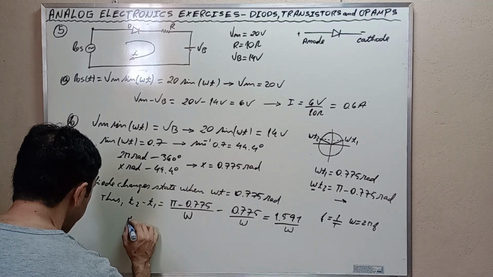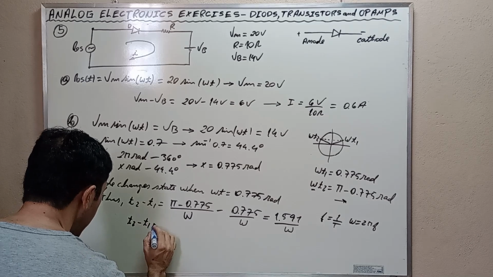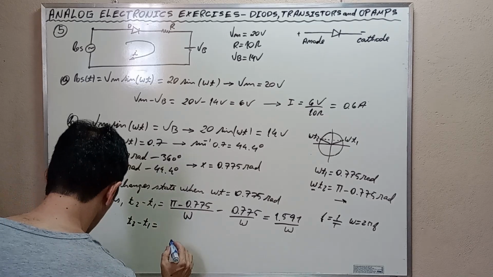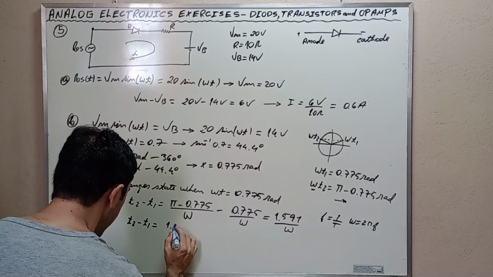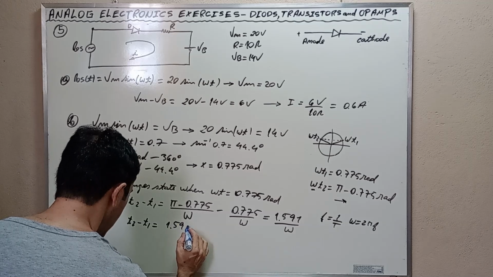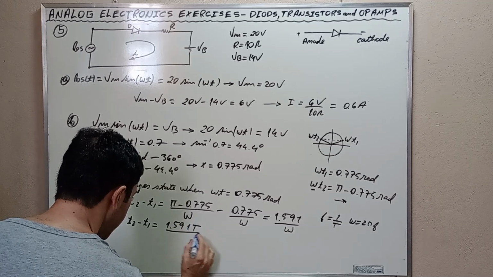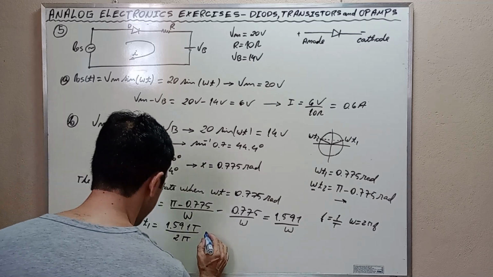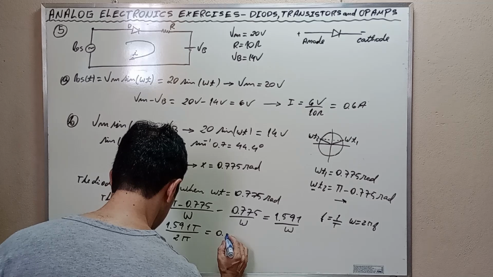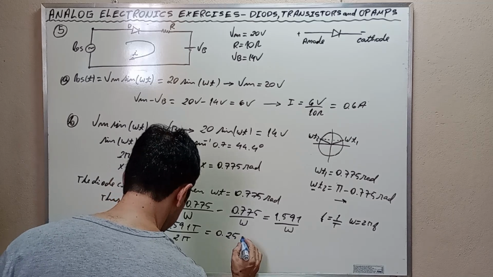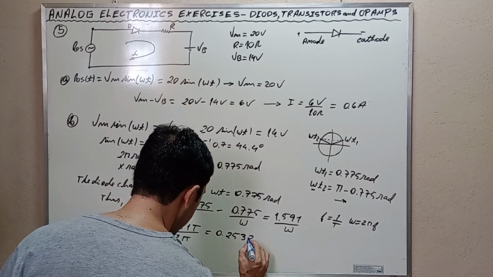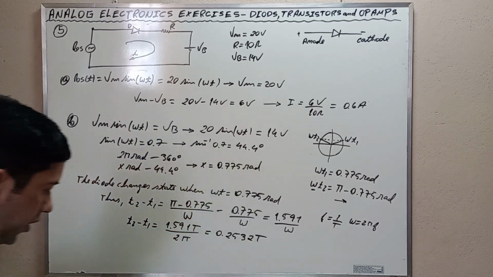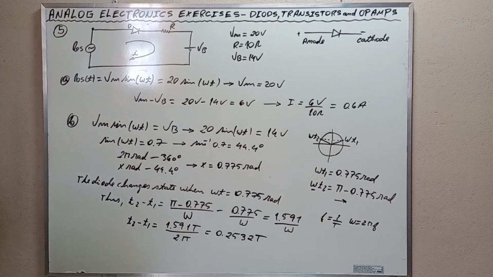T2 minus T1 is equal to 1.591 times the period divided by 2 times pi, and this is equal to 0.2532 times the period. And what is the conclusion that we get from this?